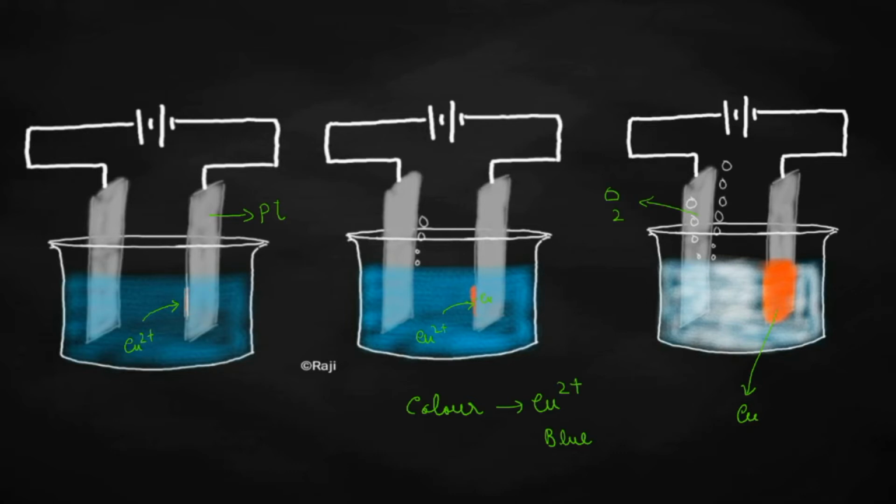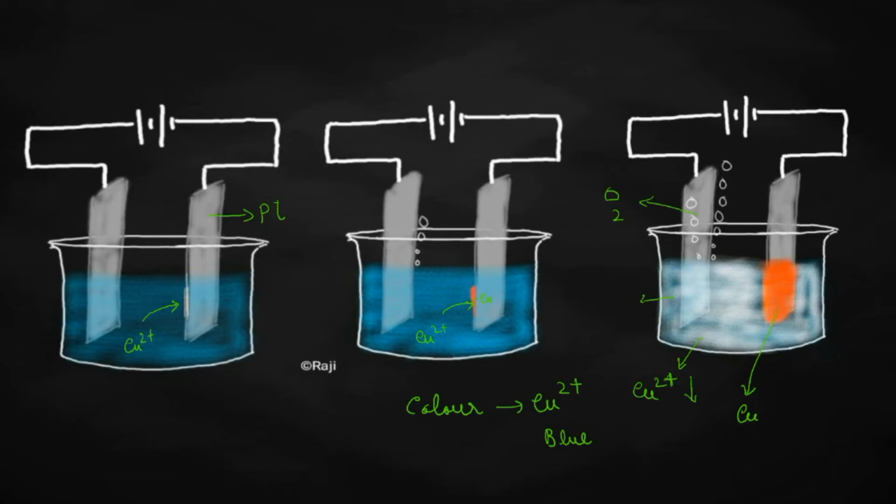As a result, the number of Cu2+ ions present in the solution will be considerably reduced. As Cu2+ ion is responsible for the color of copper sulphate, whenever Cu2+ ion is converted into copper, what will happen to the color of the electrolytic solution? It will turn colorless.